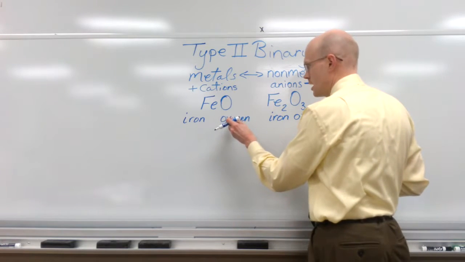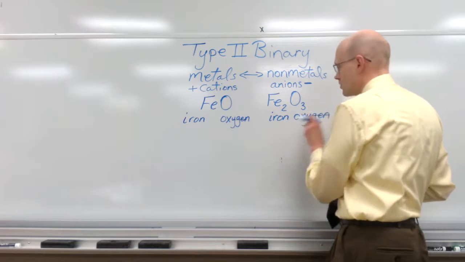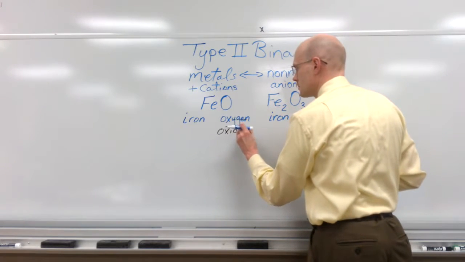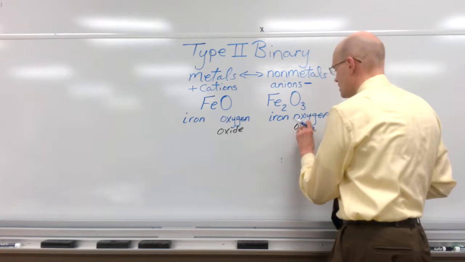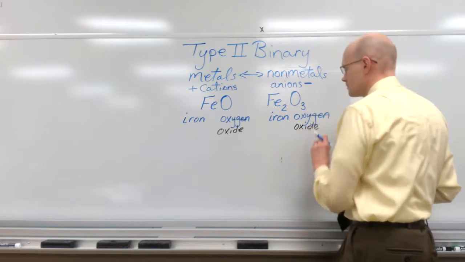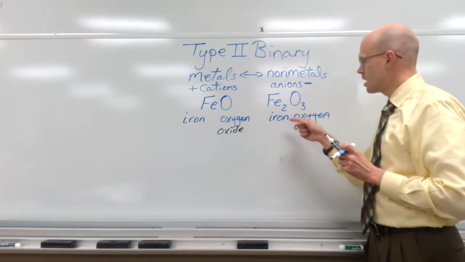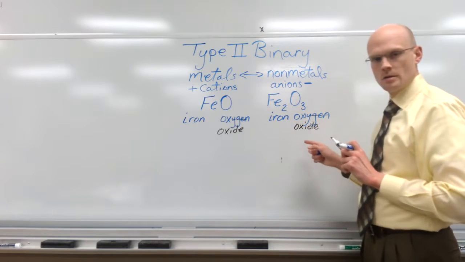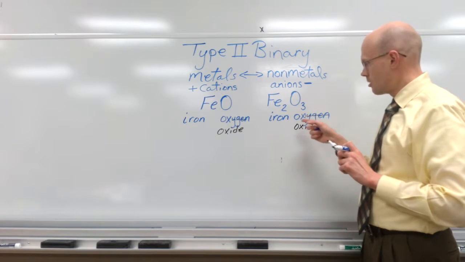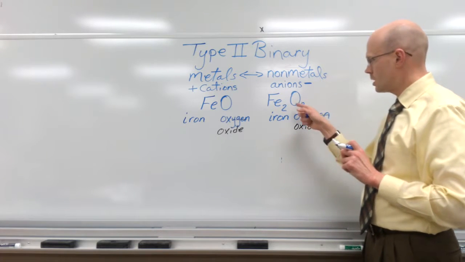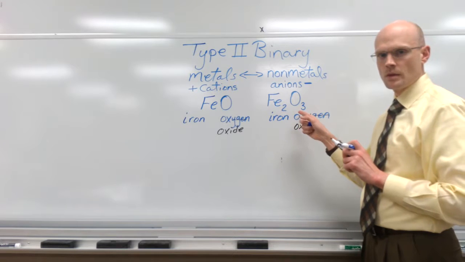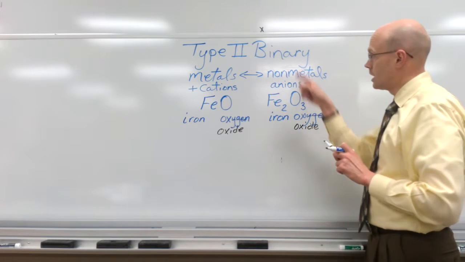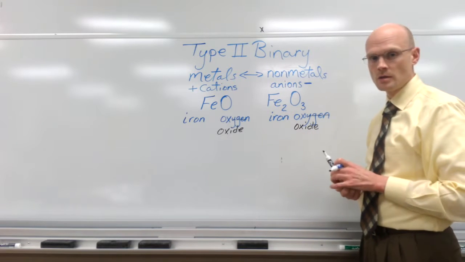We change that ending on both so that we have an oxide to represent that anion. But both of these compounds cannot be called iron oxide, because if they are, how do we know which iron oxide? So we have to add an additional detail when naming type 2 binary compounds.